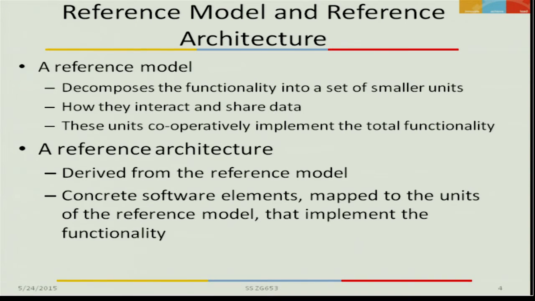And typically a reference model can be thought of as a pattern of some sort, and a reference architecture is an example solution using that set of reference models.